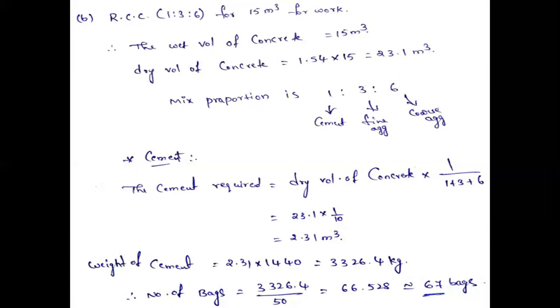Then it is converted into bags. Number of bags equals weight of cement divided by 1 bag weight. So 3,326.4 divided by the weight of the bag, 50 kgs, equals 66.5, approximately 67 bags of cement.